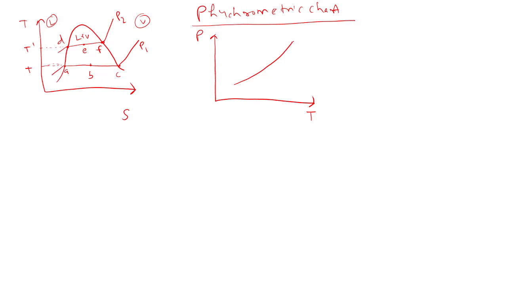Yes, sir. So corresponding to this P and T, let's suppose the first point is this, and the second point is somewhere here. This is liquid and this is vapor, and here liquid plus vapor.